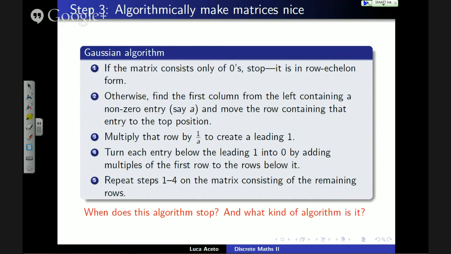You just go through that row from left to right, and you find the first non-zero entry. Say it's A. The first thing you do is to move the row containing that entry to the top position, which corresponds to applying one of the elementary operations. You can swap 2 rows.